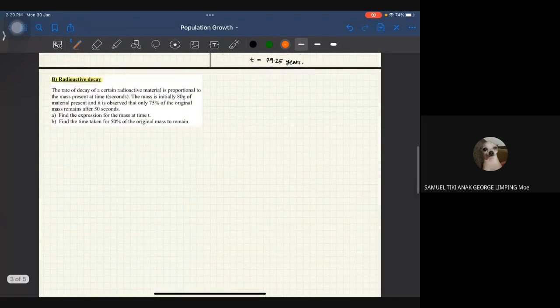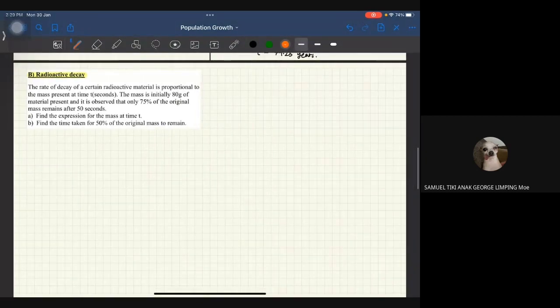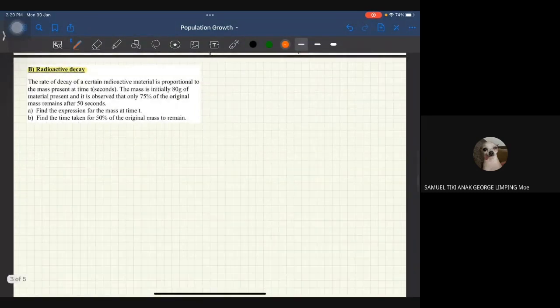So cara dia akan sama je dengan yang pertama tadi, cuma beza dia pada simbol saja. Okay, so kenapa dia beza? Right, so kita baca dulu soalan. Dia kata dekat sini, the rate of decay of a certain radioactive material is proportional to the mass present at time t seconds.